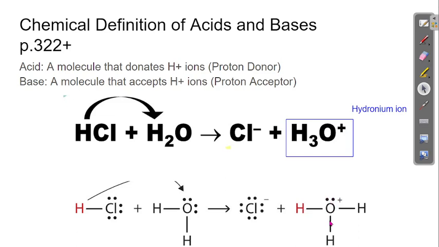Okay? So this is an acid-base reaction, and you'll see them in more detail soon enough. This is just an example. The water here was acting as a base. It does not always act as a base. Sometimes it acts as an acid, and that has a name that you're going to have to learn too. But in this case, it was a base because it was accepting those hydrogen ions.